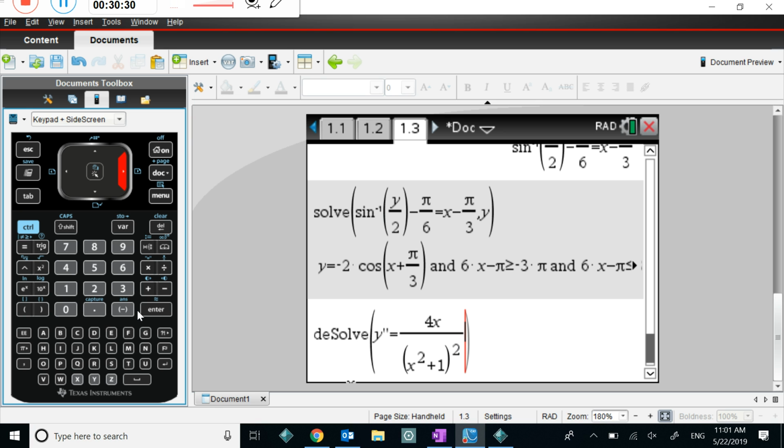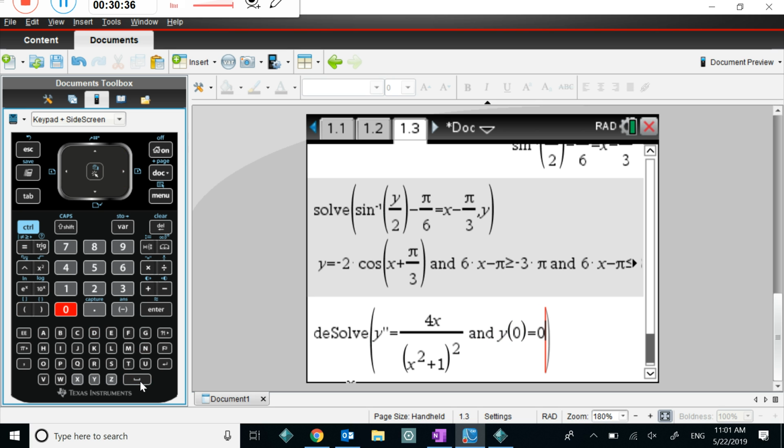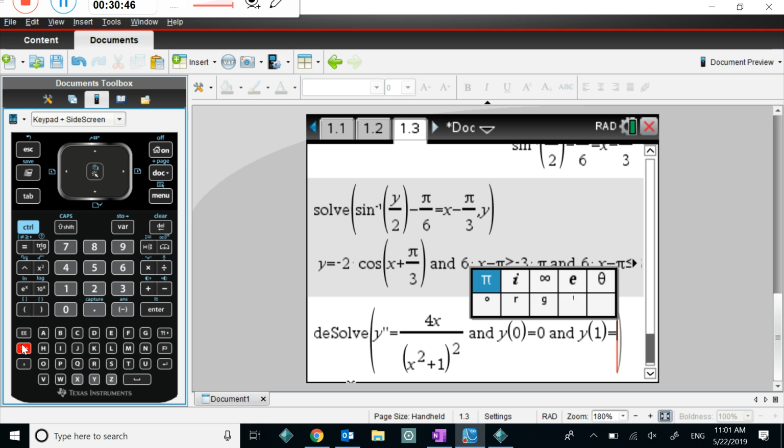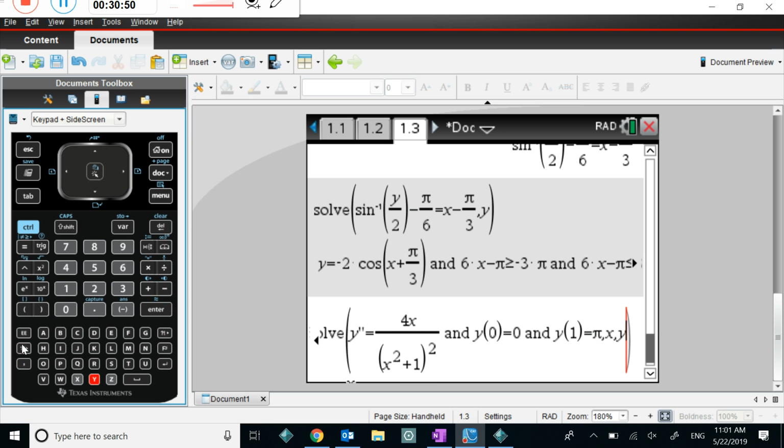And I want to put two conditions. For example, and y0 equals to 0. That's my first one. And space, y1 equals to pi. Let's make it pi. Comma x, comma y.